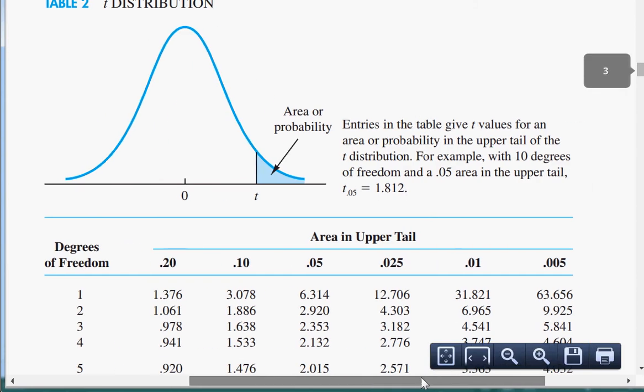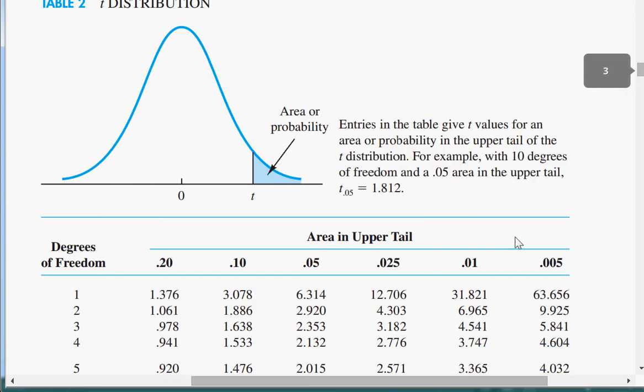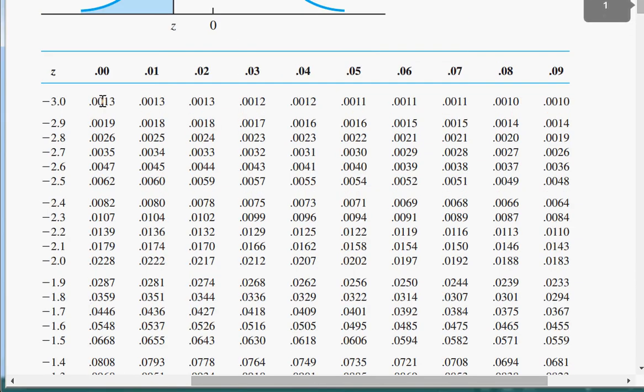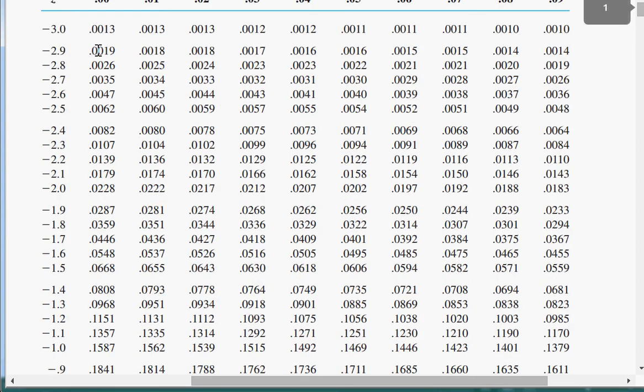Here's a T table. Nice clean T table. What is my alpha divided by 2? So how many probability values are in a T table? 3, 4, 5, 6. Very common p-values. How many p-values are in a Z table? We have 10 in each row. How many rows do we have?